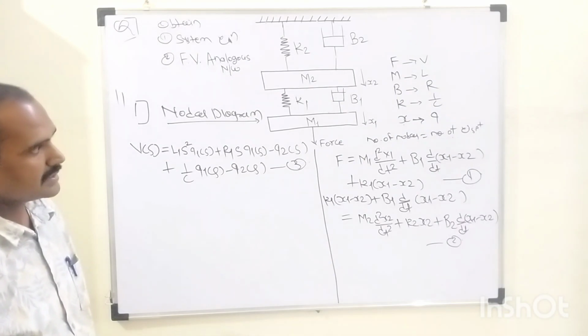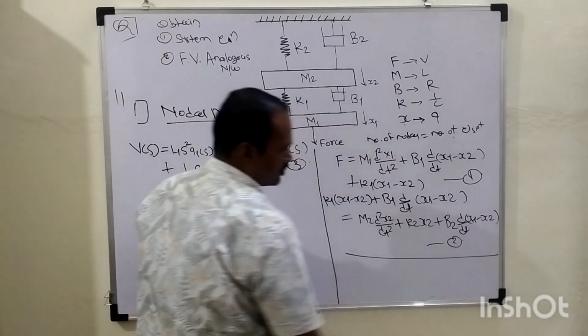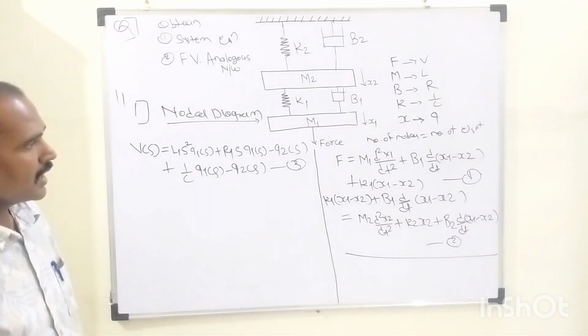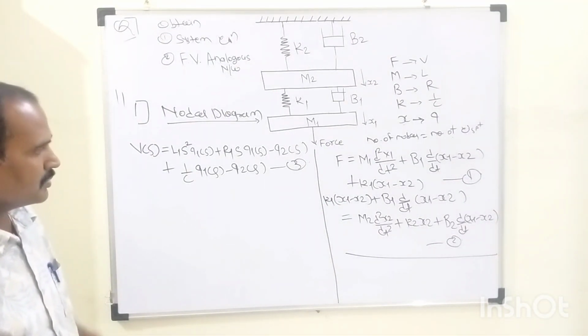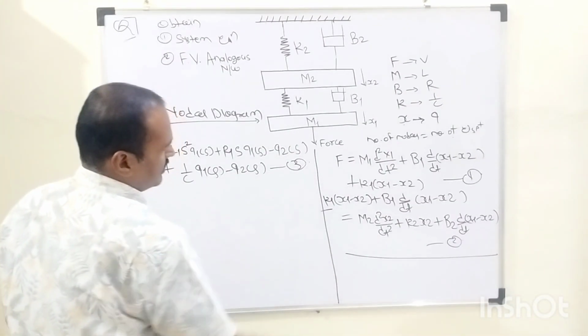The same thing is applied for equation number 2, which is to be declared after applying Kirchhoff current law at node number 2. As far as equation number 2 is concerned, we will start writing this equation with this K1.